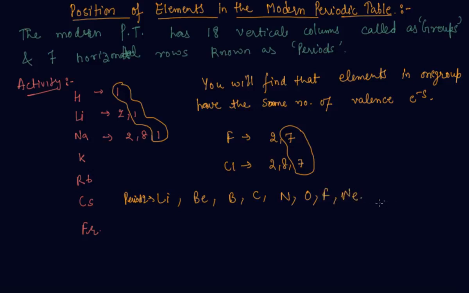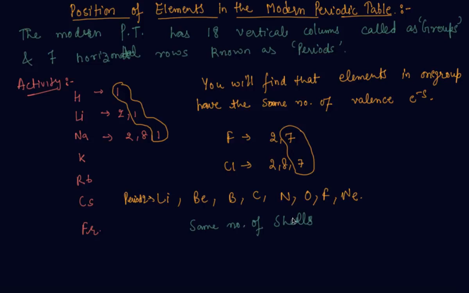If you write down their electronic configurations, you will find that these elements do not have the same number of valence electrons, but they contain the same number of shells. That is why they are arranged in a single period.